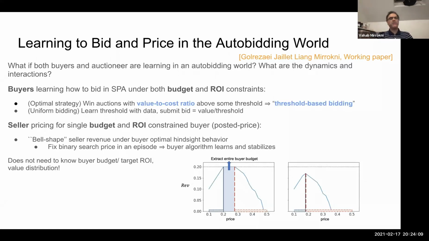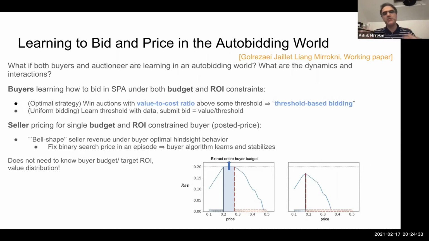In the case of buyers' learning strategy, it turns out that under budget and ROI constraints, there is a simple uniform bidding strategy that basically comes up with a threshold and takes the value of the advertiser and scales it with that threshold to declare the bid.